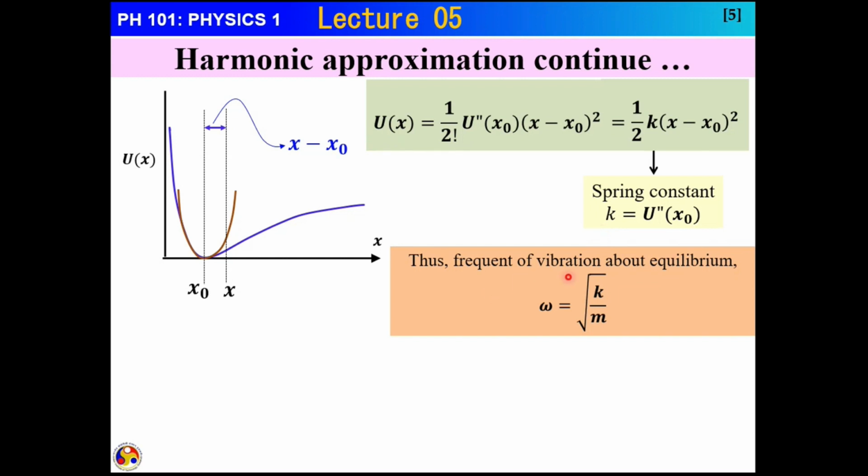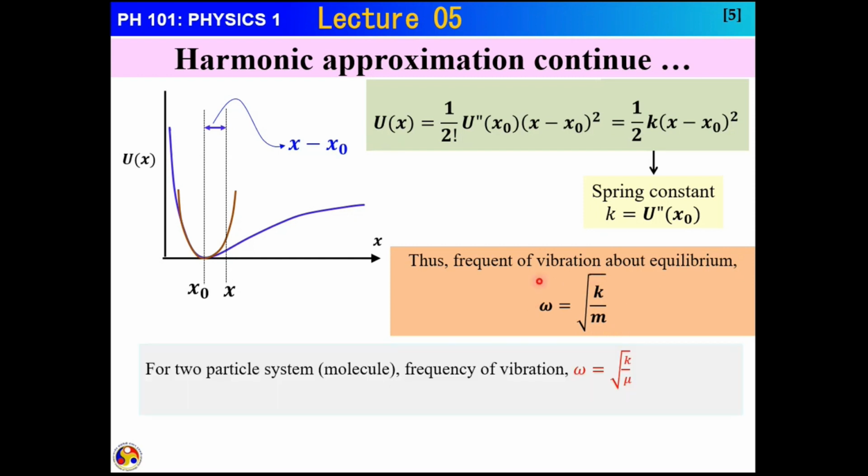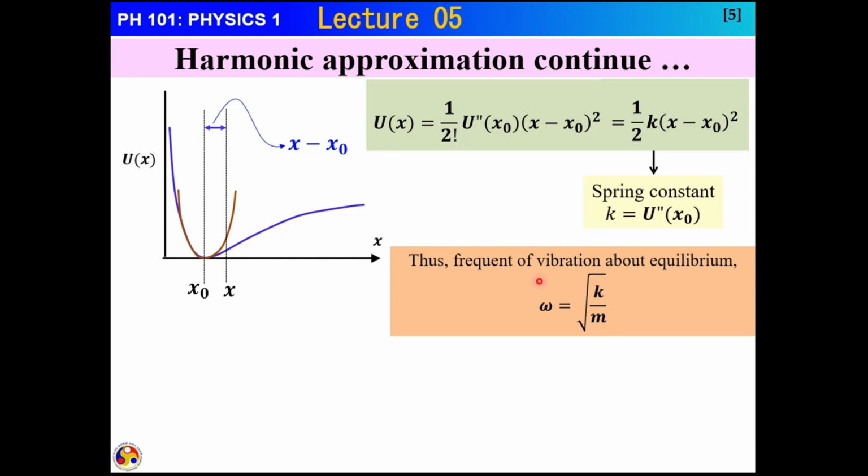Thus the frequency of vibration about the equilibrium can be approximated as this. This is also many times called small oscillation. If we consider that the amplitude of oscillation is very small, then this approximation holds true.